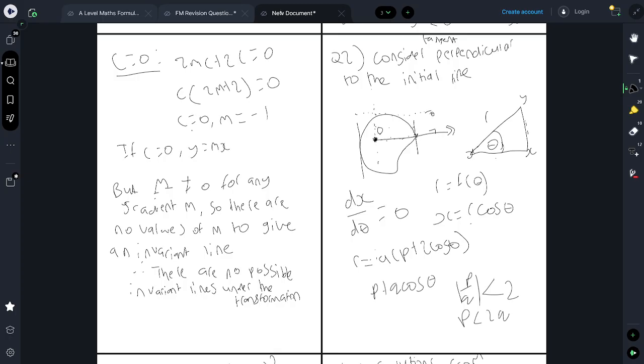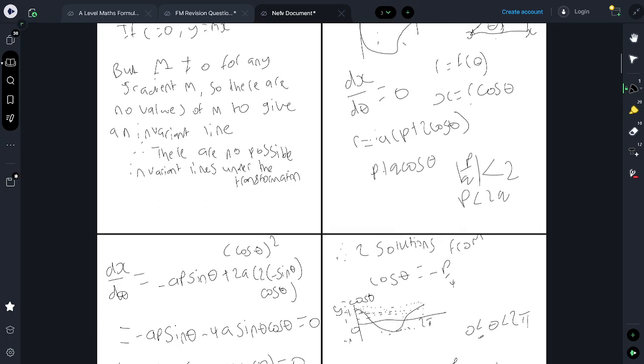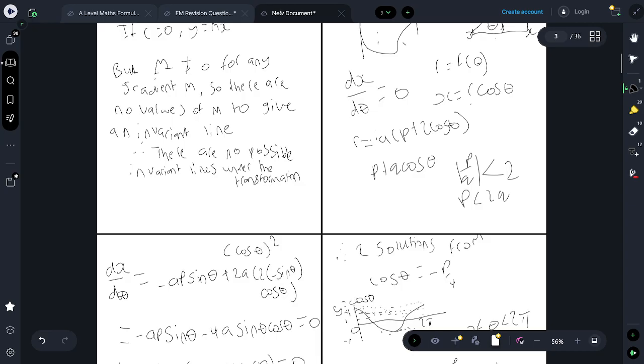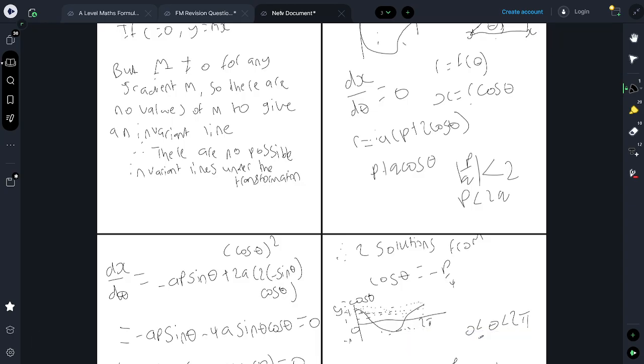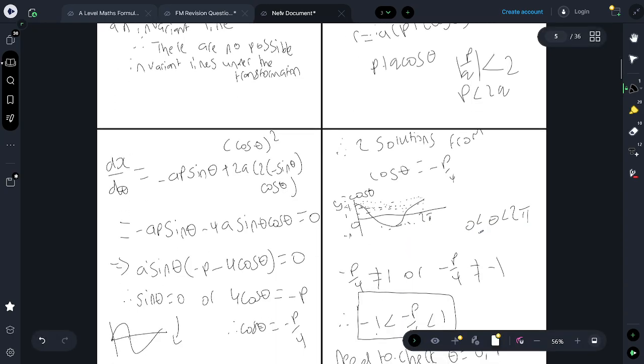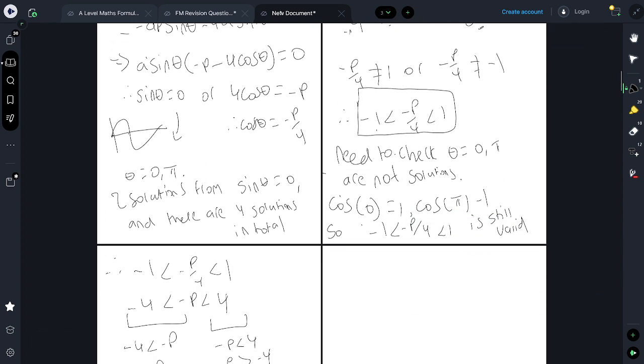That has to mean the gradient with respect to x isn't changing, it has to be 0. And then you are just doing a differentiation exercise, right? If you substitute x with r cos theta into the equation, differentiate it, set it to 0, and solve it, you get this.